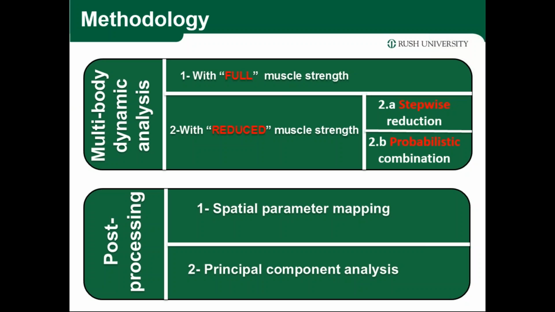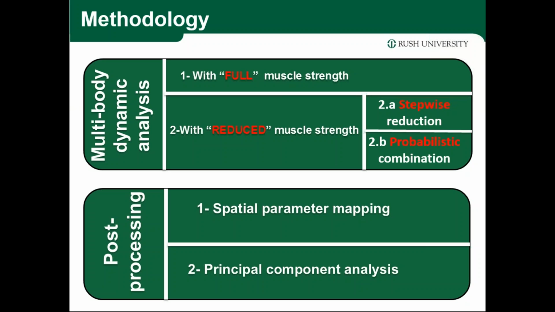And the second is that we randomly perturb the muscle strength in order to create a probabilistic space of all possible conditions for muscle weakness, and then we simulate how human joint loads and muscle forces will react to this reduced strength.